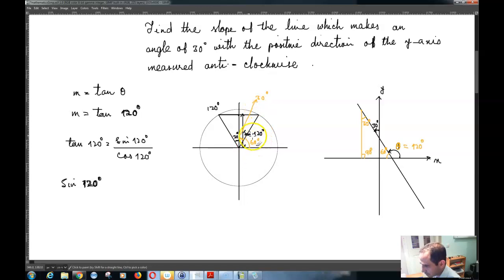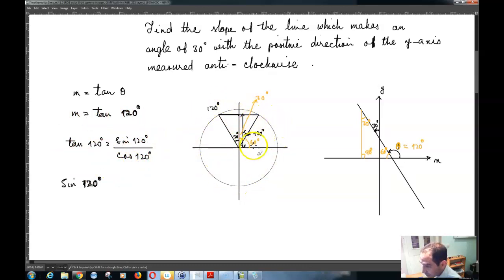And you can see that the sine of this 60-degree angle is exactly equal to the sine of this 120-degree angle. And of course, you will see the same thing in the formulas of trigonometry. That is a little bit more straightforward, but if you happen to forget them, you can always take a look at the unit circle.